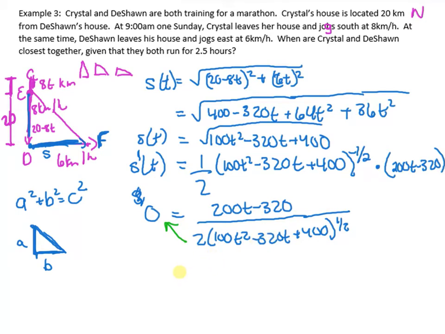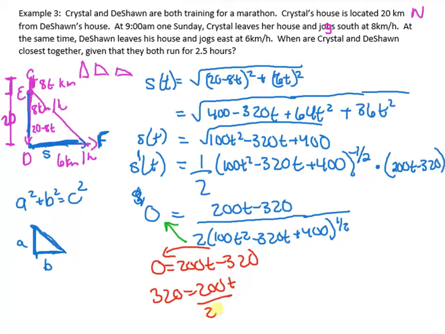So all we have to deal with is the numerator. So 0 equals 200 t minus 320. Bring that over. We get 320 equals 200 t. Divide that out. We get t equals 1.6.